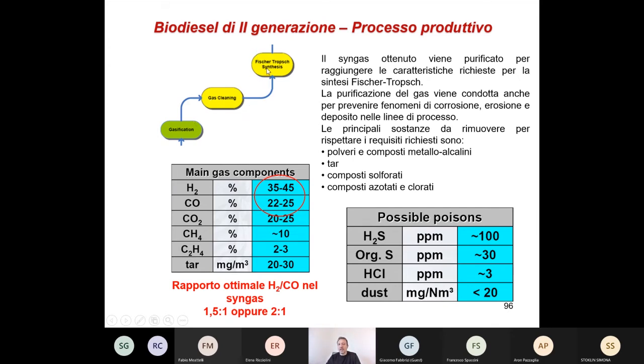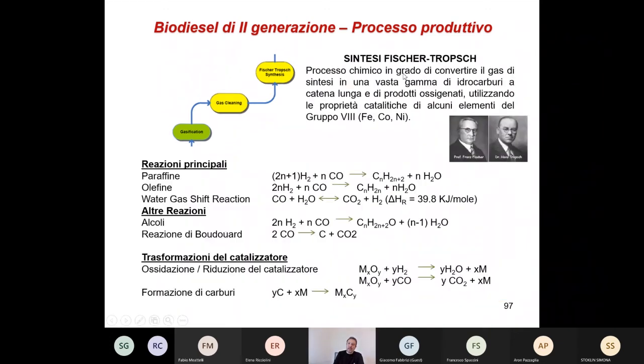The name derived from two German scientists during the Second World War that for the first time discovered the possibility to transform coal. So gasification of coal, we are talking about the Second World War.